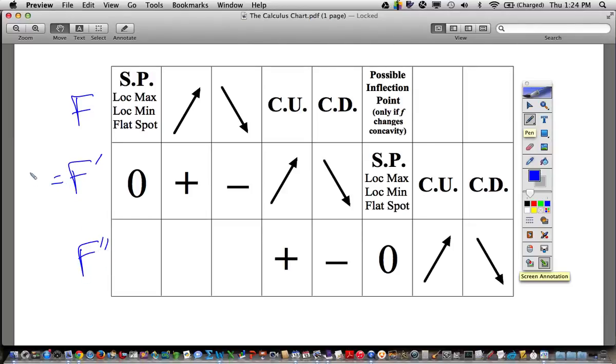But what did we just say big F prime is? Little f, and then this would be little f prime. And I will always say little f. If we just say f, we're talking about little f. If we're talking about capital F, we can say big F. Okay? But you just need to know that connection.